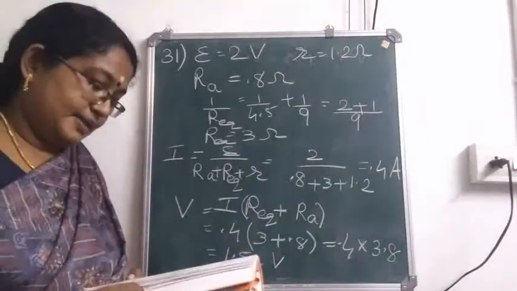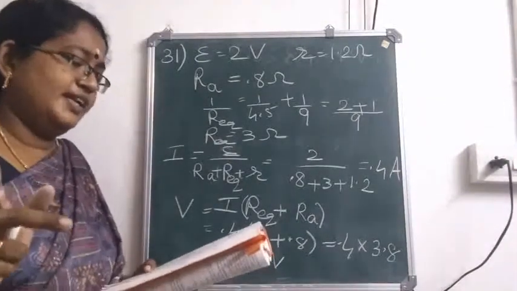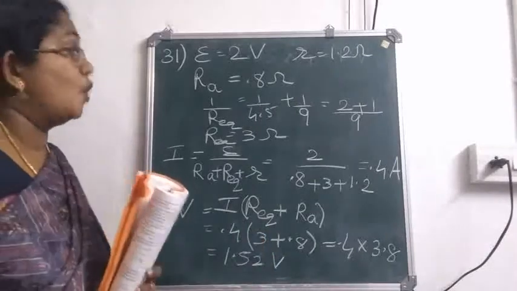Okay. Then potential difference across the 4.5 ohm resistor.